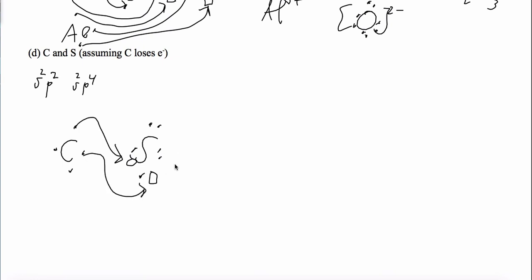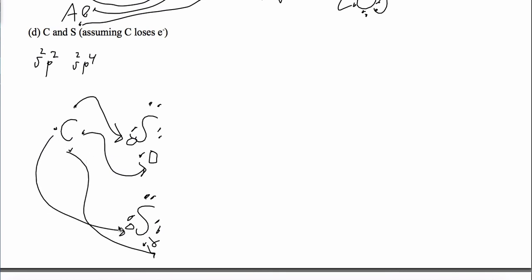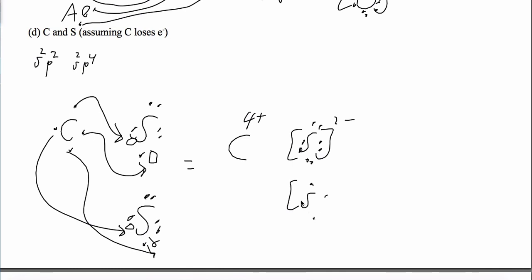But we have too many, so we're going to bring in another S, or we'd have not enough S's. So that's going to go there. That's going to go there. Carbon then lost a total of 4 electrons, so it's going to be 4+. And the sulfurs gained a total of 2 each, so each is going to be 2-. So that's going to be CS2.